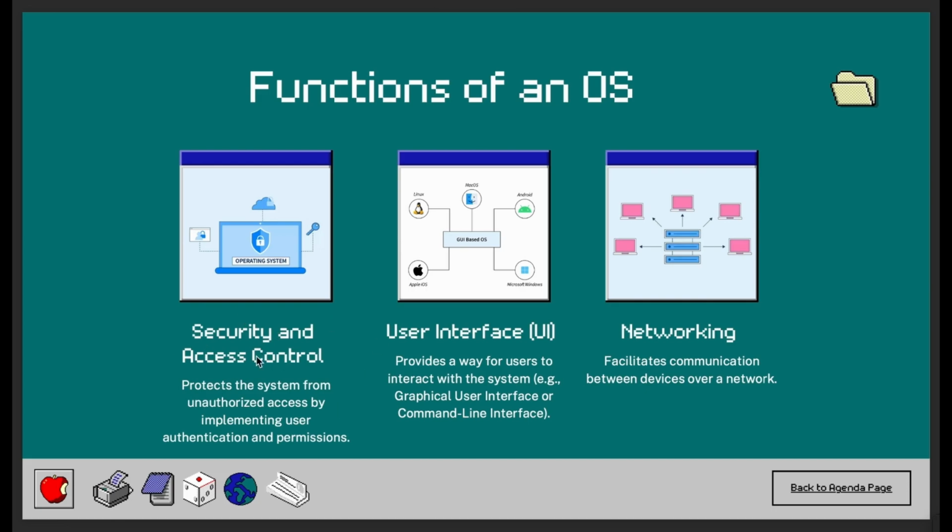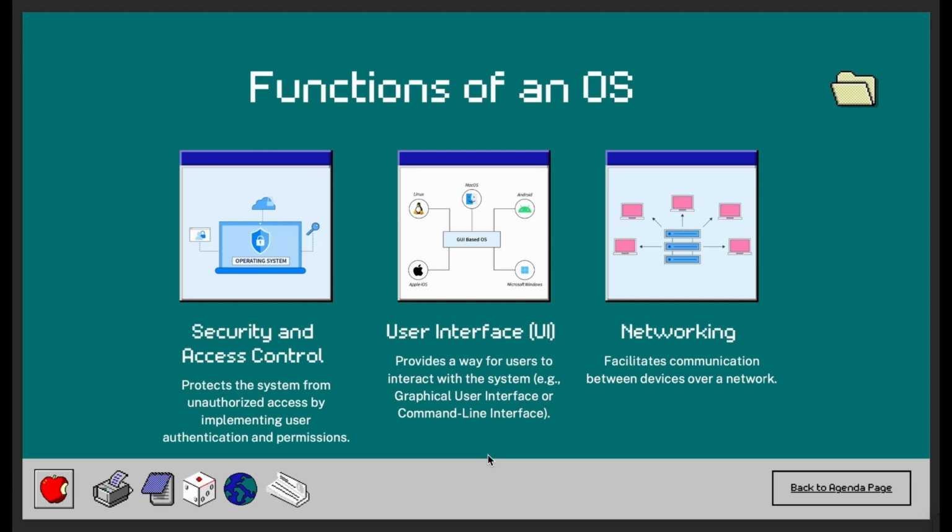Then we have security and access control. Now, an important functionality of an operating system is to implement authentication as well as permissions for the user so that unauthorized access can be prevented. And it does the same very efficiently. Then we have the user interface.